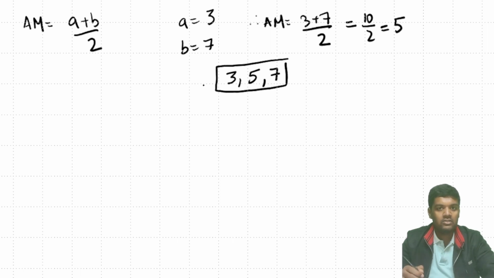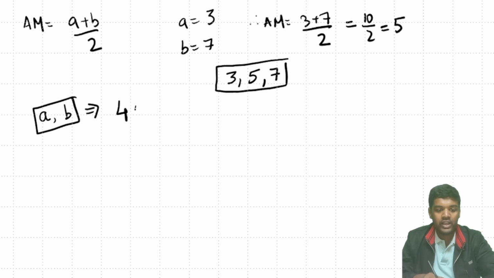Sometimes in questions we are also asked to insert 3 or 4 AMs in a series. For example, let's say we have A and B as two numbers given. We are required to insert, let's say, 4 AMs between A and B. Right. Now, how will you proceed?